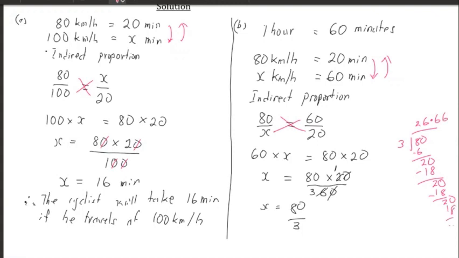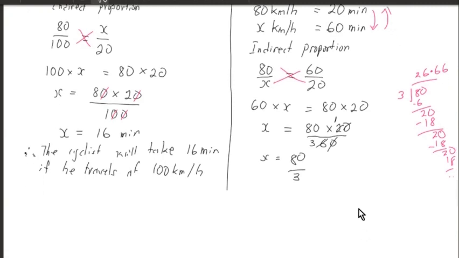So I'll just round it to 2 decimal places, and my answer will be x is equal to 26.67. So that would be the speed for that cyclist.